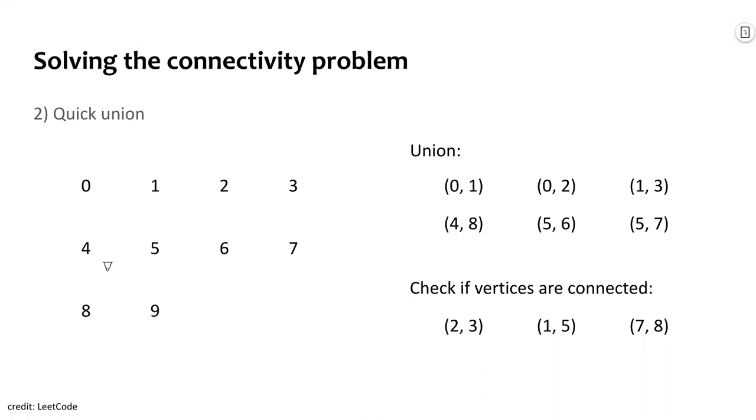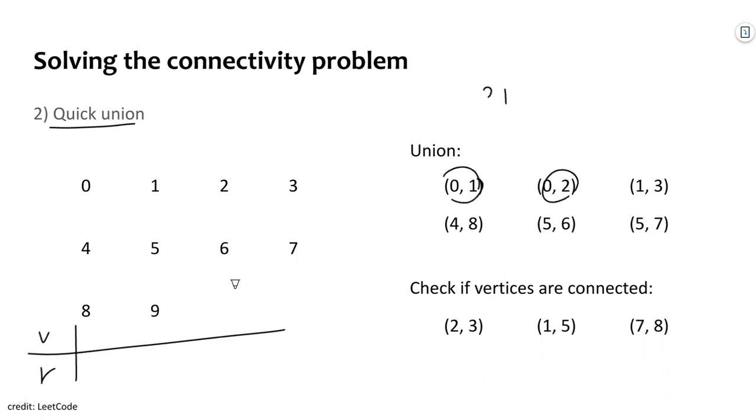So in the case of quick union, what we do is make union operation quick. So let's say we have vertices and roots, and we're going to keep track of vertices and roots. And when we say we want to unite 0, 1, this one, and then this one, we first update, let's say the root is now 1.